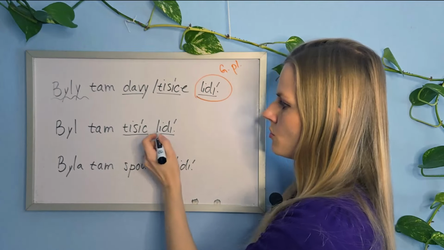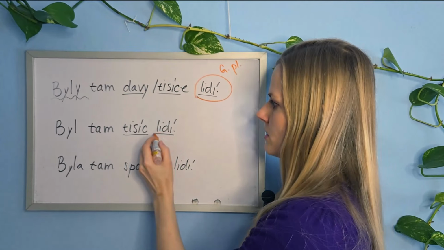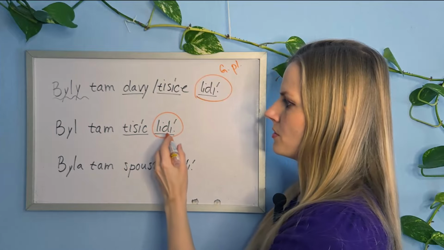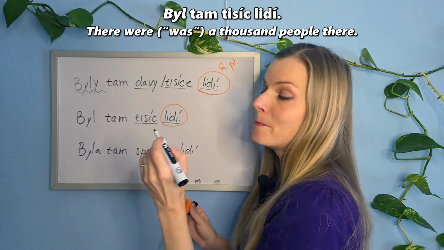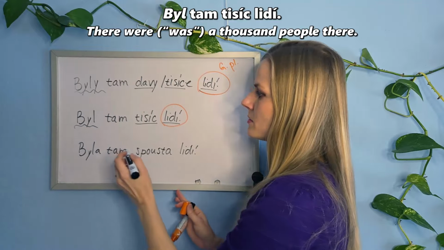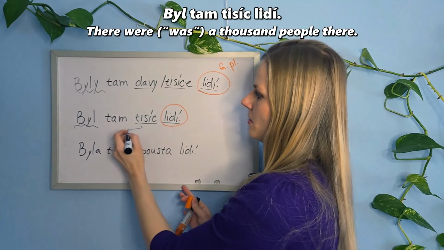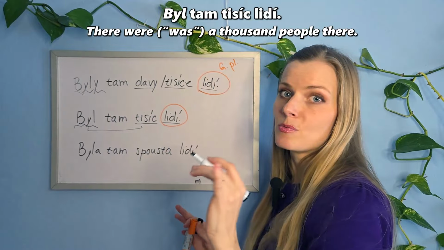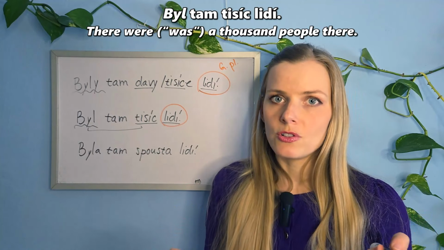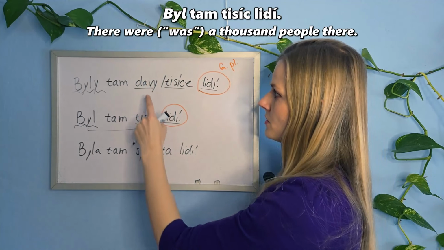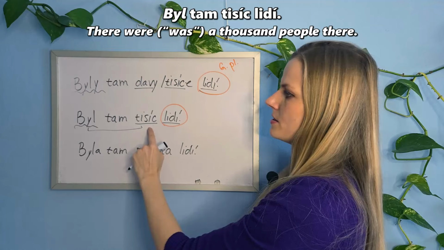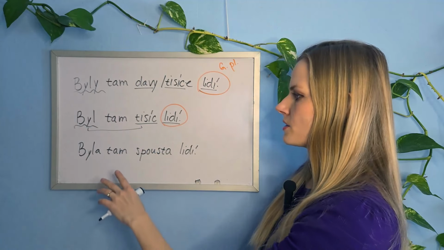Tisíc, koho čeho, lidí, the same thing. This is the genitive form. And we say byl tam tisíc lidí because we have tisíc byl. 1,000 was. So you see the difference. Tisíce byly, tisíc byl.